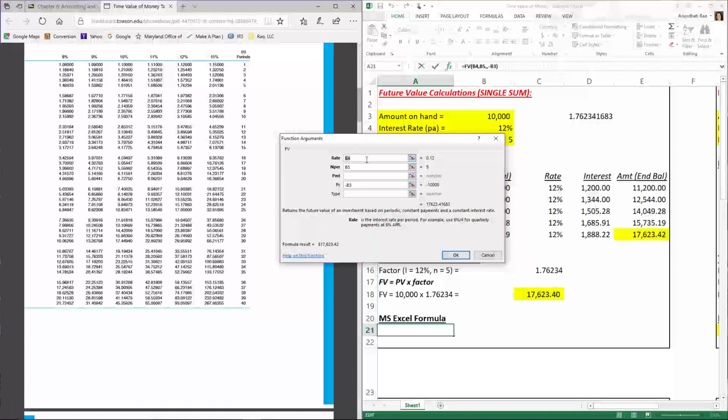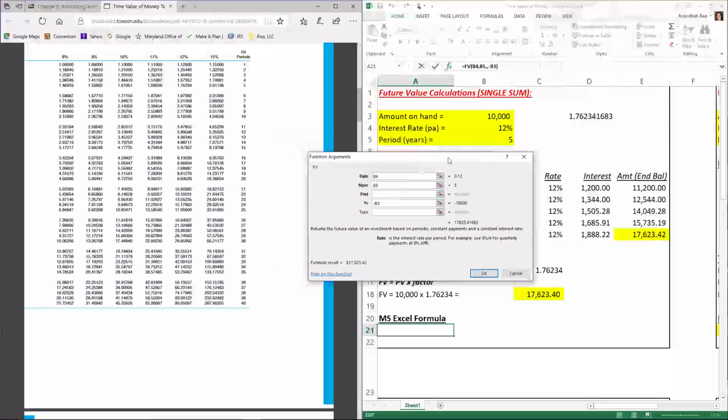In this case, instead of typing information, I have done cell referencing. They ask you, what is the rate? I said look at cell B4, and in cell B4 we have 12%, so it automatically writes 0.12. Number of periods, I wrote B5, and B5 is 5 years. Payment, we skip this for now.